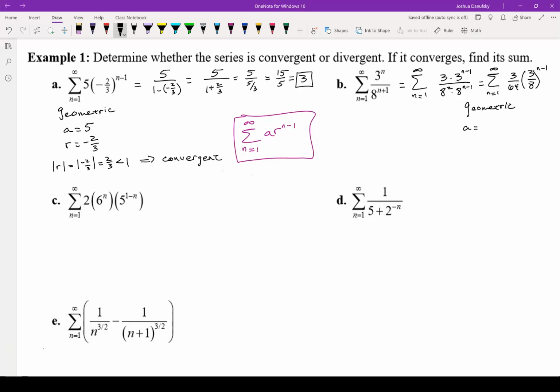where A equals 3 over 64 and R equals 3 over 8. The absolute value of R is less than 1, so this geometric series is convergent.